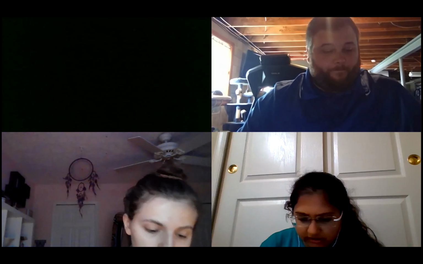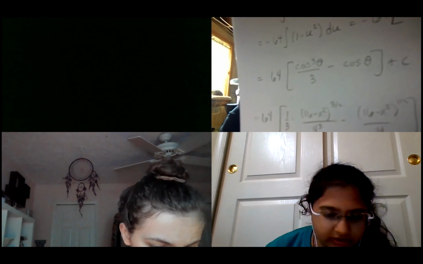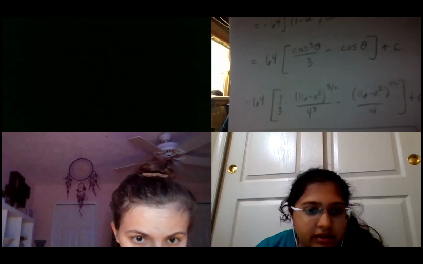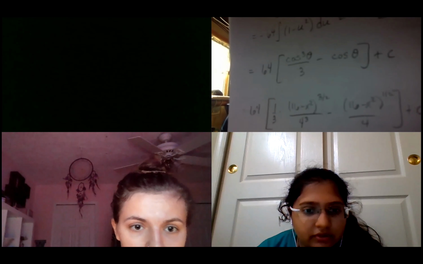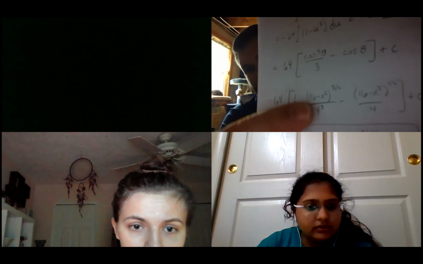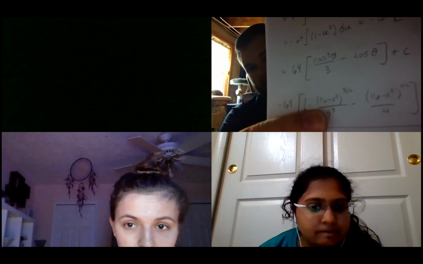So if I cube the entire thing, then the square root would be removed. But what about the other? It's going to be 3 halves, and 1/2 for the other one. Okay, and you have 4 cubed, right? Because cosine cubed means everything inside there has to be cubed.